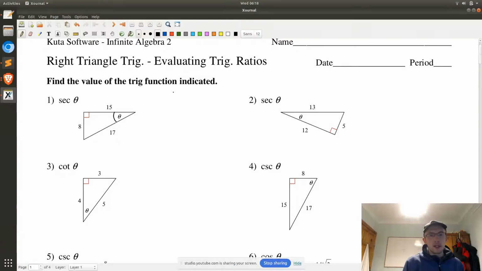But what is that function secant of theta in terms of something that we know? Secant of theta, by definition, is 1 over the cosine of theta. Okay? And the cosine of theta, going by SOHCAHTOA, I'll just put that on the board as well, just as a reminder.